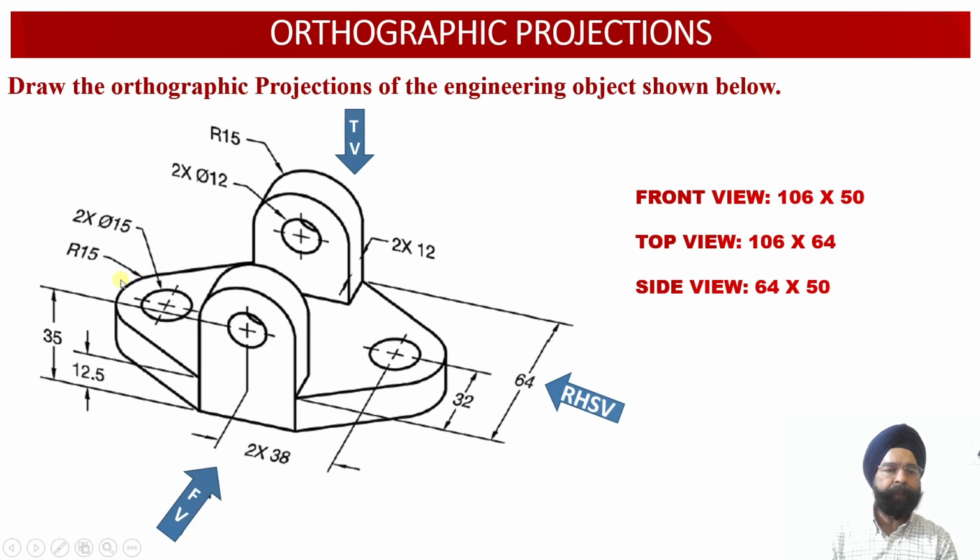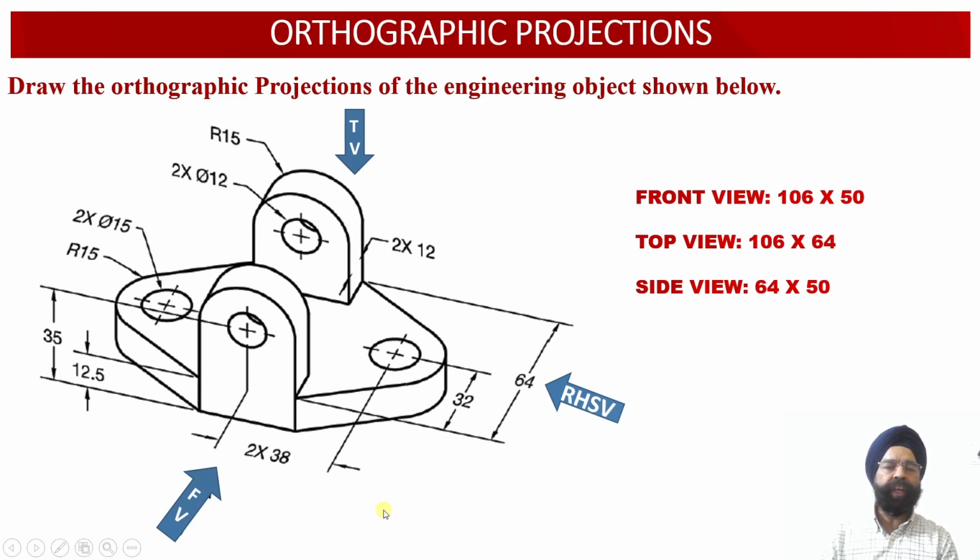Then we have been provided with the information that the radius of the circular arc on this side is 15 millimeter and the radius of the circular arc on this side will also be equal to 15 millimeter. So 15 plus 15 plus 38 plus 38. This way the width of the solid happens to be 106 millimeter.